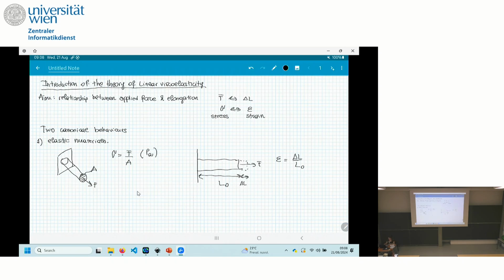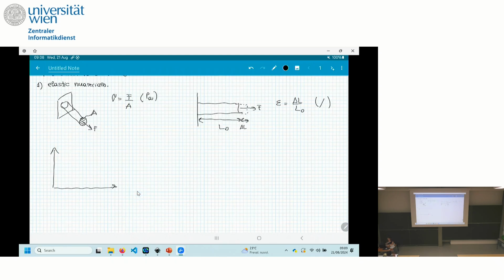So if we do a ramp test, so we apply a deformation with a constant rate, what we will observe for a linear elastic material is a straight line with a slope that I'm going to call K. And for me, K is what's known as the Young's modulus.